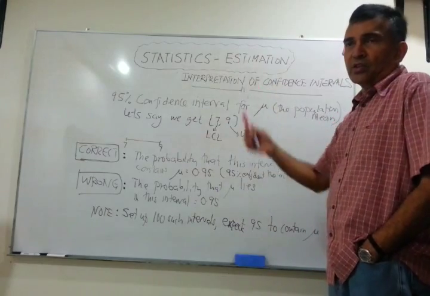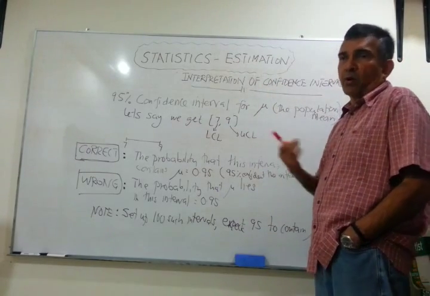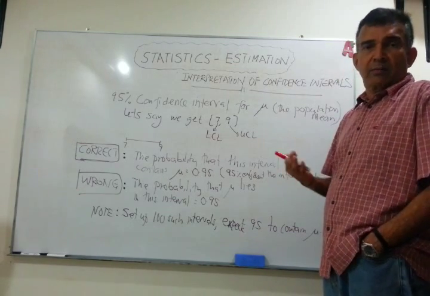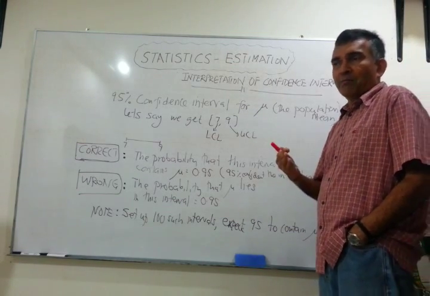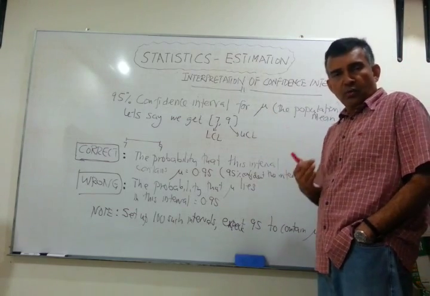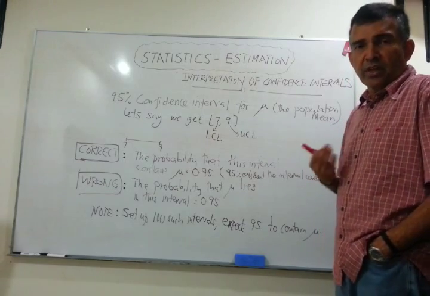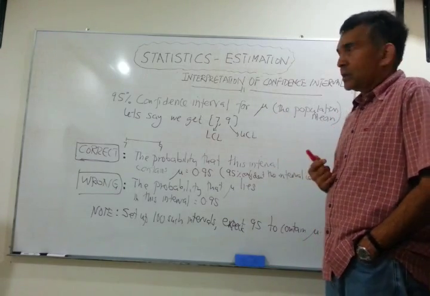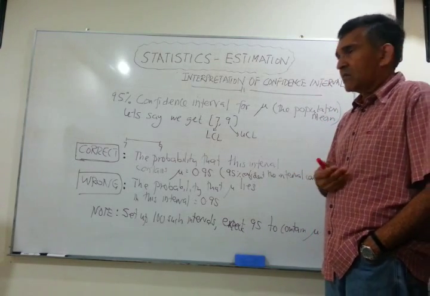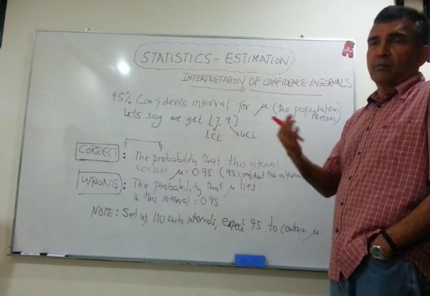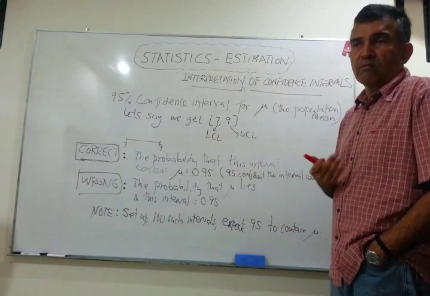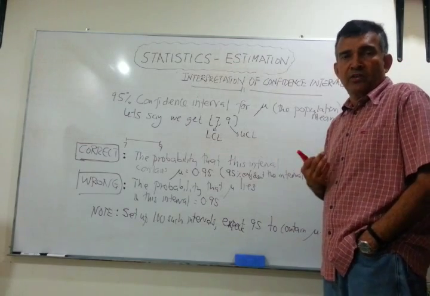So when you do estimation, you will have to do things like point estimation, and then you'll have to do confidence interval estimation. And as you go through confidence interval estimation, part of that question will involve interpreting the confidence interval. So we will be setting up confidence intervals for, let's say, the mean of the population, mu. We will set up confidence intervals for the proportion pi of the population, and so on.